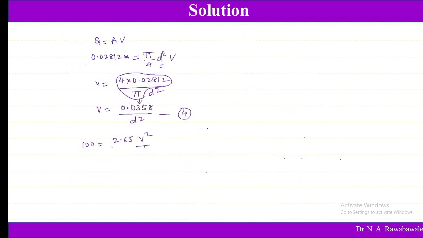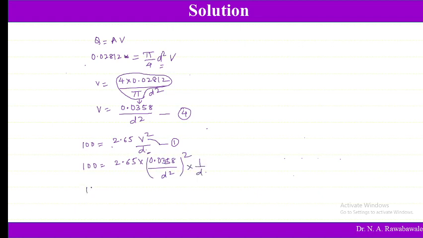So substituting this value of v in equation number 1, we get 100 is equal to 2.65 into, in place of v square, we substitute 0.0358 divided by d square, whole square. This is in place of v square, and into the denominator d, that is 1 divided by d.